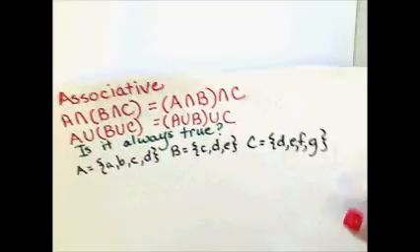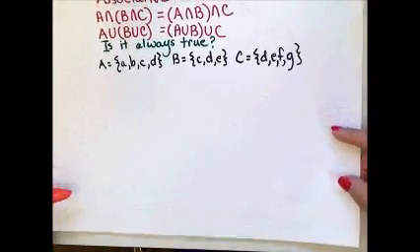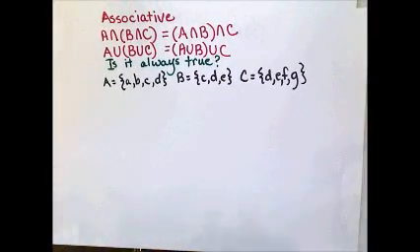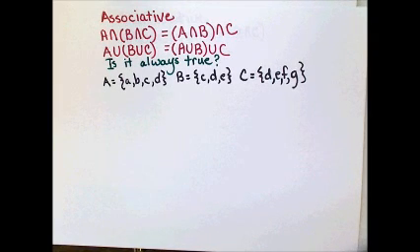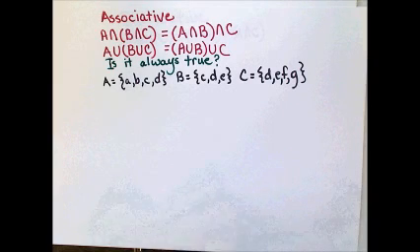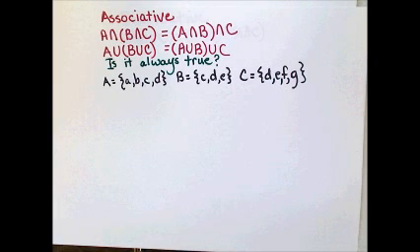Now I'm going to talk about the associative property. We have the associative property is true for numbers. So if we associate numbers, we can add 3 numbers together in different order and so forth. Let's see if the associative property is true for sets.